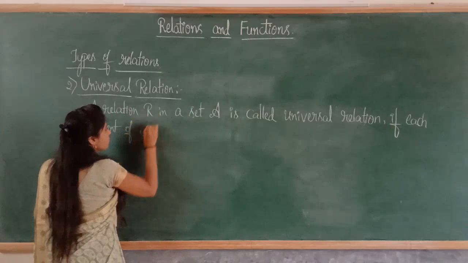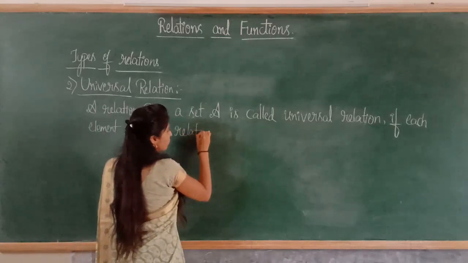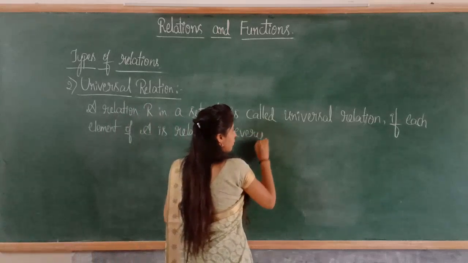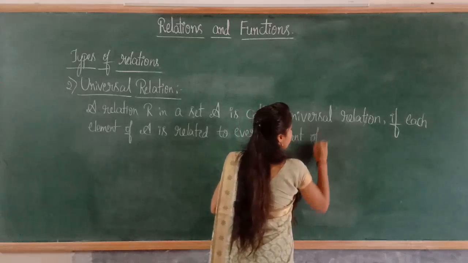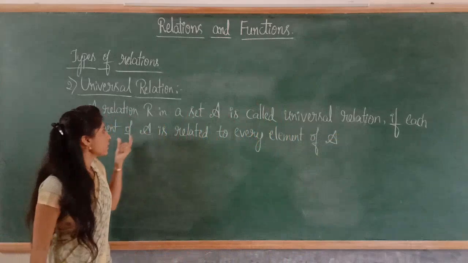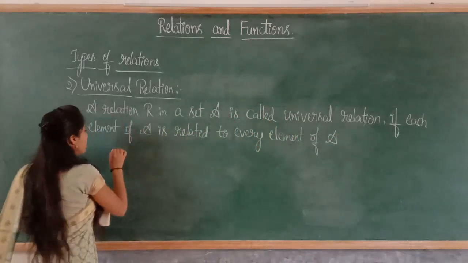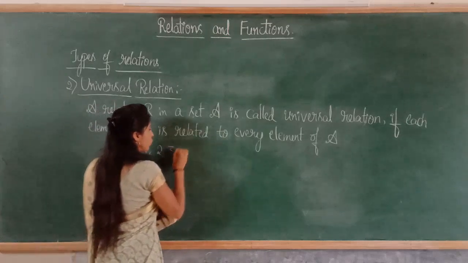Universal relation if each element of A is related to every element of A. Example, let us take set A is equal to 1, 2, 3, 4.